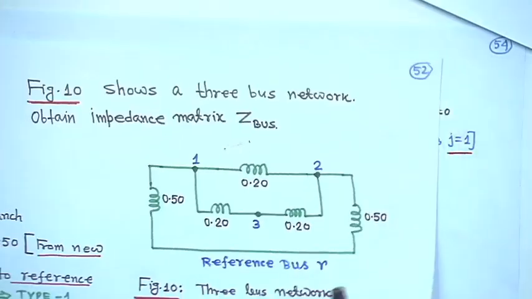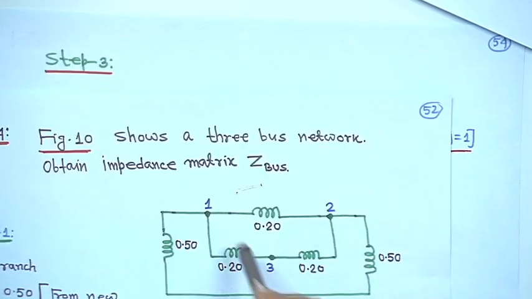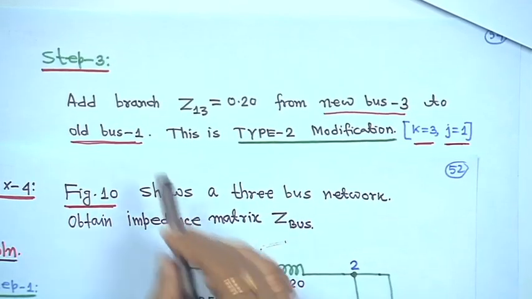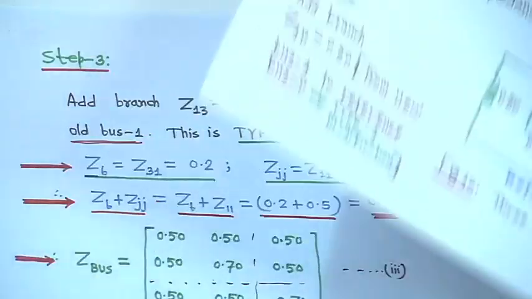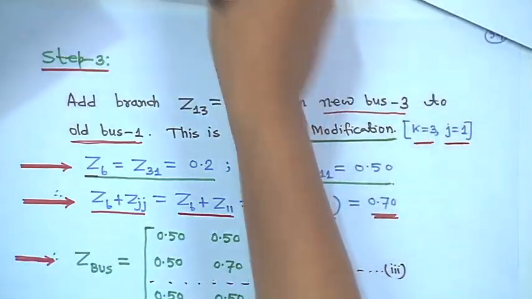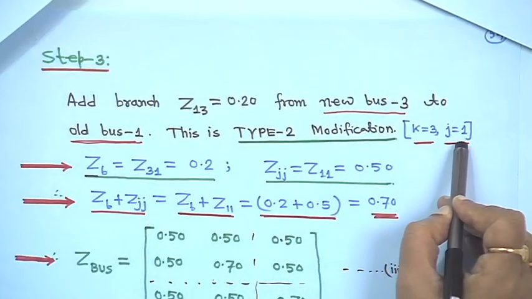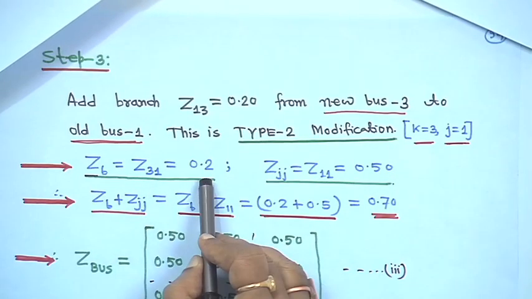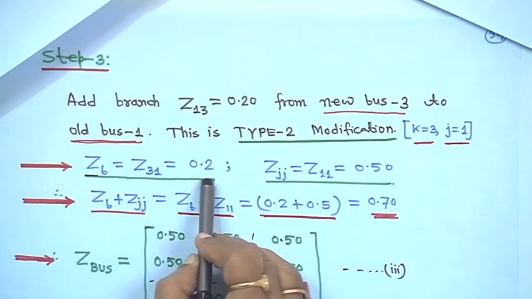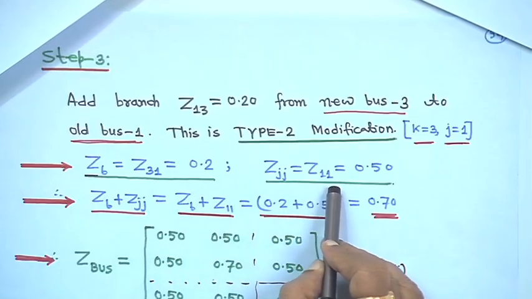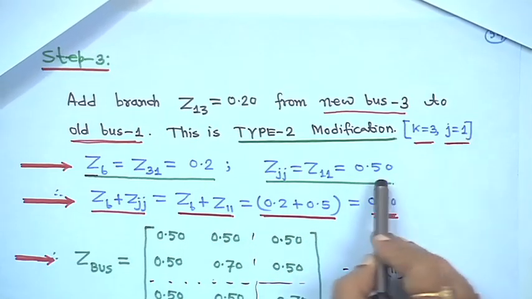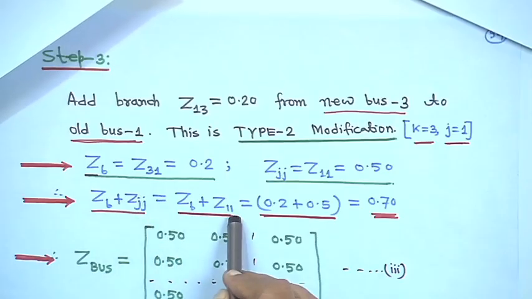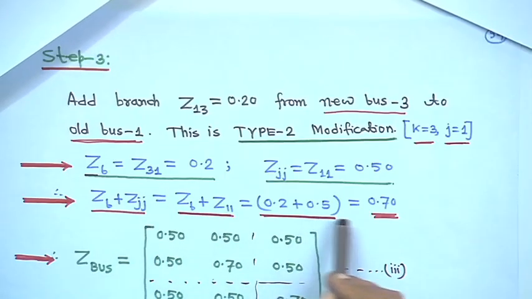In this case, new bus k is equal to 3 and j is equal to 1. Zb is equal to Z31, which is 0.2, because 3 to 1 is 0.2, and Zjj, that is Z11 because j is equal to 1, is 0.5. So Zb plus Zjj, that is 0.2 plus 0.5, is 0.7.